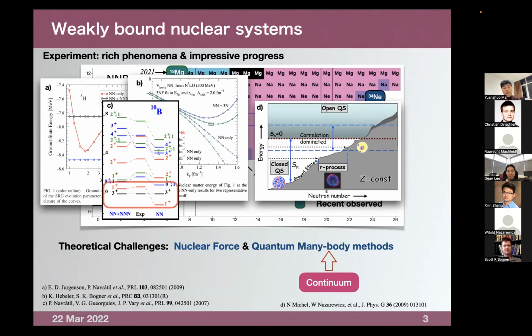One typical example is the Borromean ground state. It can be reproduced only after including the three-nucleon force. So in this talk, I will concentrate on these two aspects: chiral three-nucleon force and the continuum.